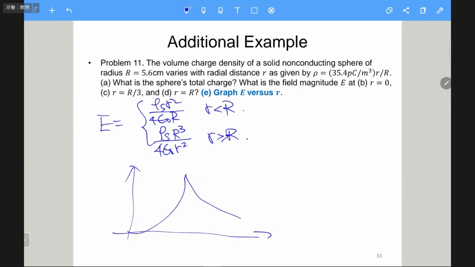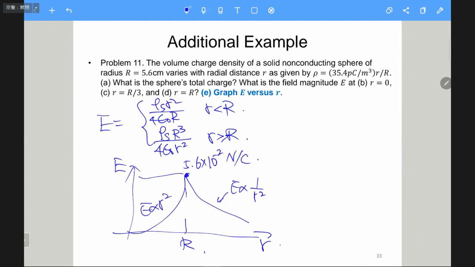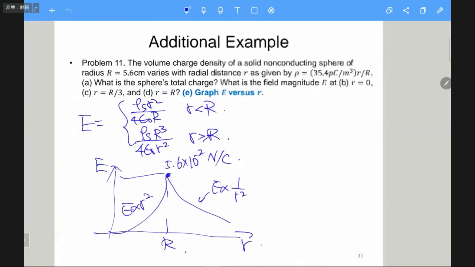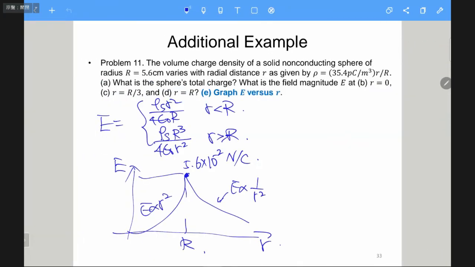So in this part E is proportional to R squared, and for this part E is inversely proportional to R squared. This is E, this is R, this is capital R, and this is 5.6 times 10 to the minus 2 Newton per Coulomb. Like this. Yeah, so we finish off this chapter in a hurry.